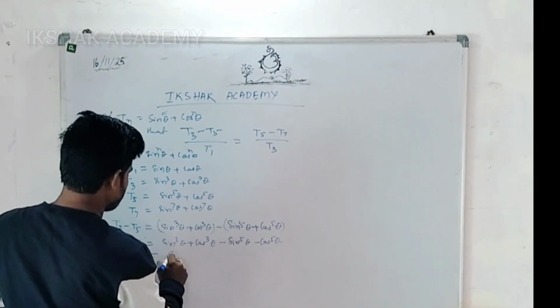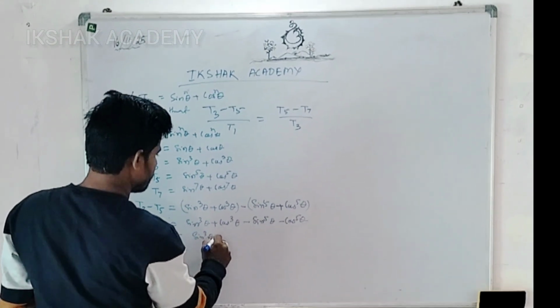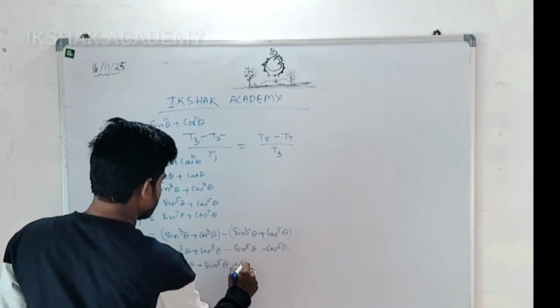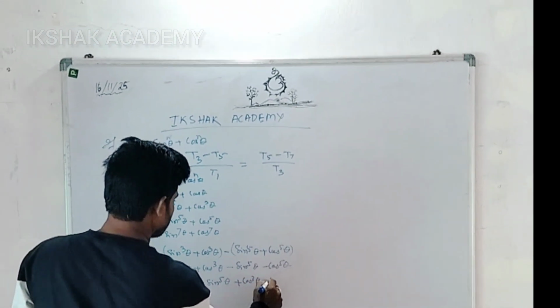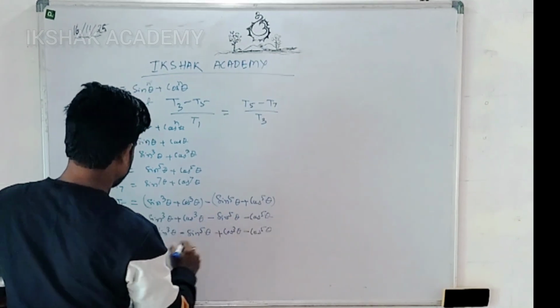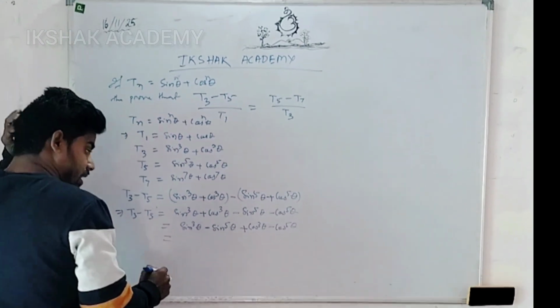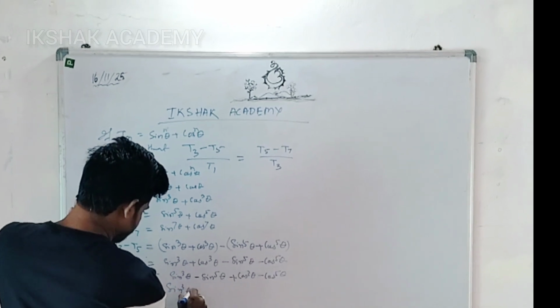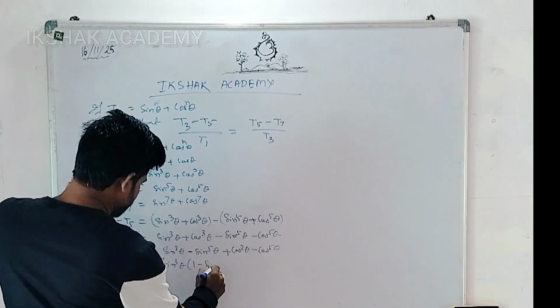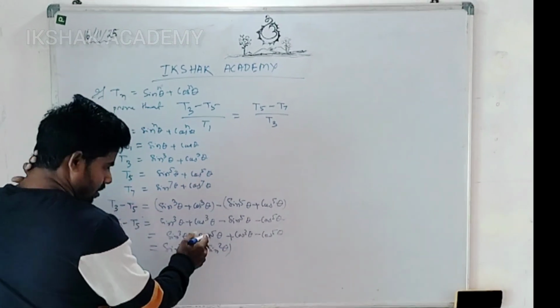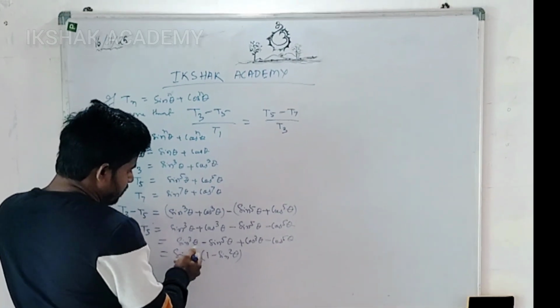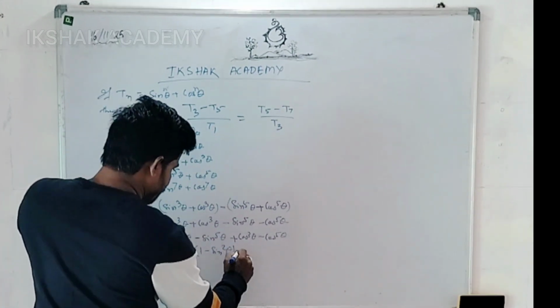Then arrange this thing. Now you can take sin cube theta common, that's 1 minus sin square theta, because here the power is 5, so 3. When we multiply, the powers will be added. So this is sin square theta.